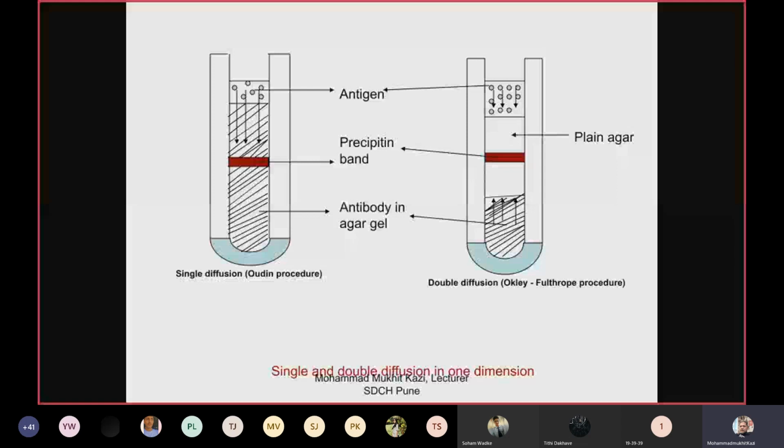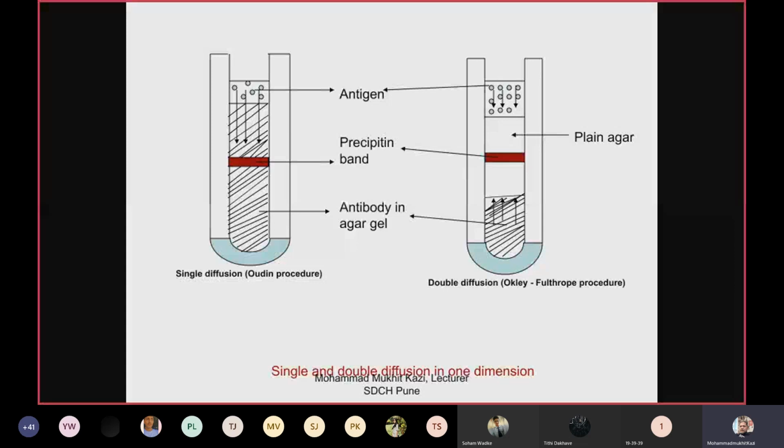So the slanting lines denote the antibody in the agar gel. On that agar gel, we are loading the antigen. That antigen will percolate down, and wherever the antigen and antibody come into proportion, they will form a line of precipitate. That magenta colored line is the precipitating band. That is the single diffusion.